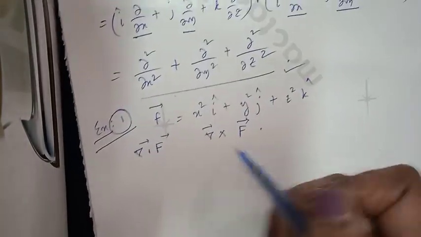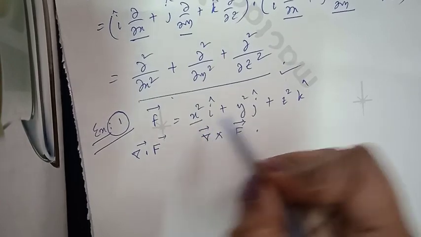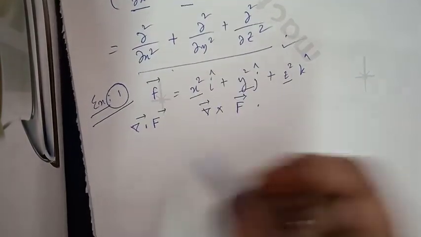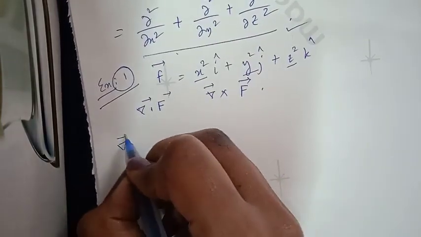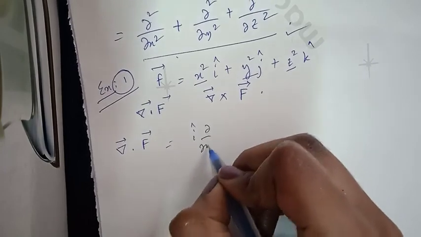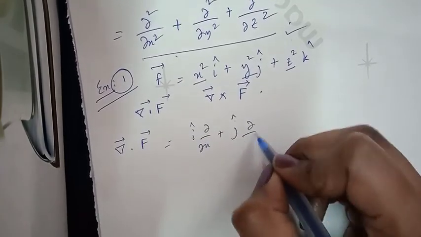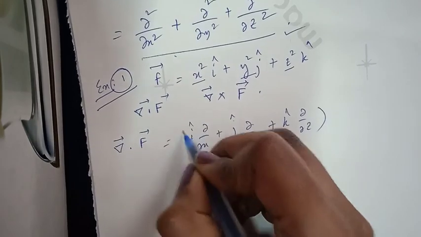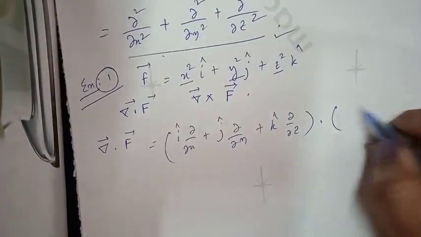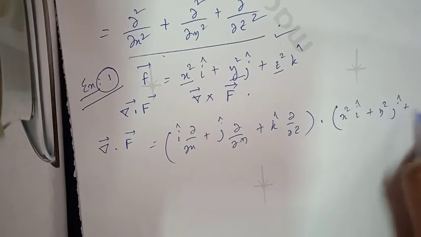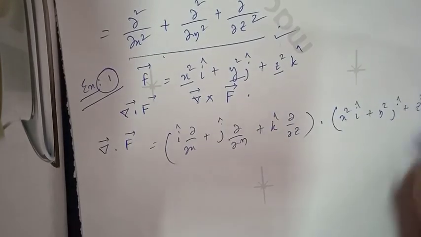Okay, so f has three components. First component is x square, second component y square, third component z square. Very easy to calculate. First starting with grad dot f, that means i cap del x plus j cap del y plus k cap del z into this f's components: x square i cap, y square j cap, plus z square k cap, right?